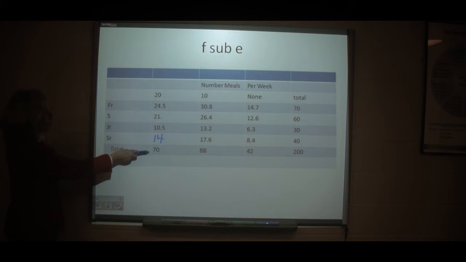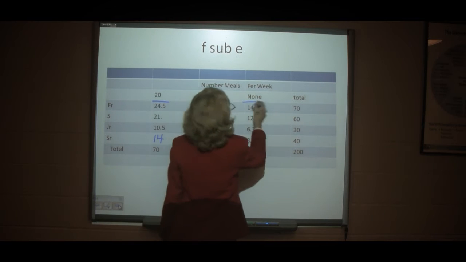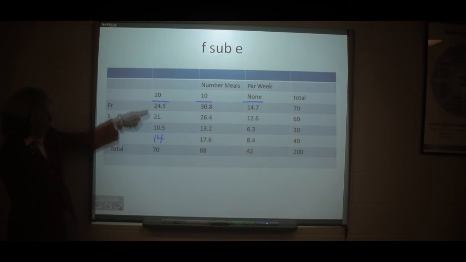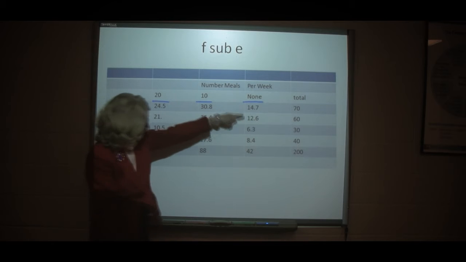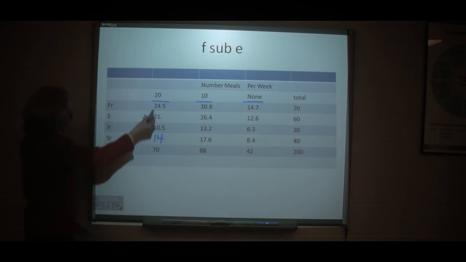Now, to check yourself, when you think you've completed the table, be sure you add down. These have got to equal 70. This row has to equal 88, 42, and then they have to add across as well. So I was just mentally a second ago adding these up just to approximate.